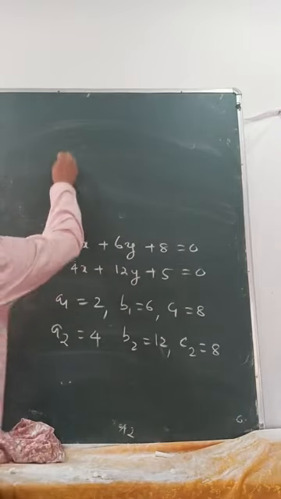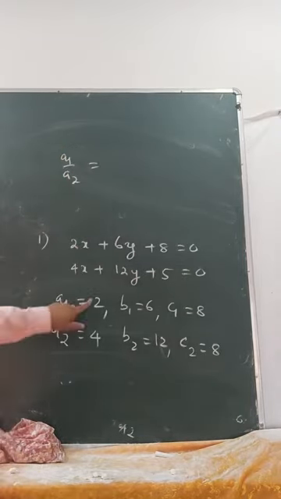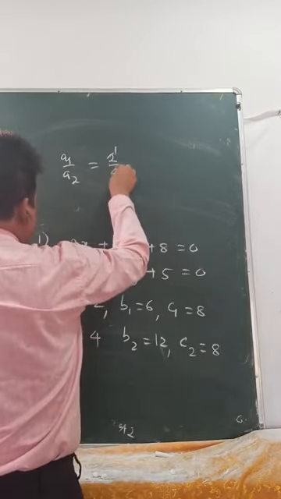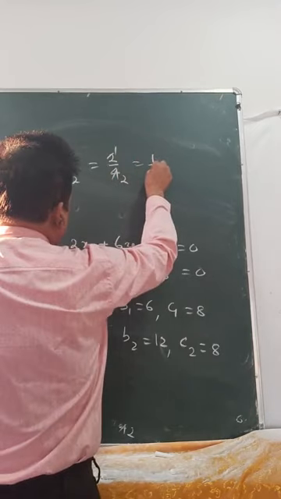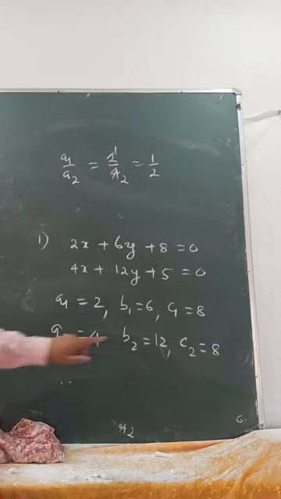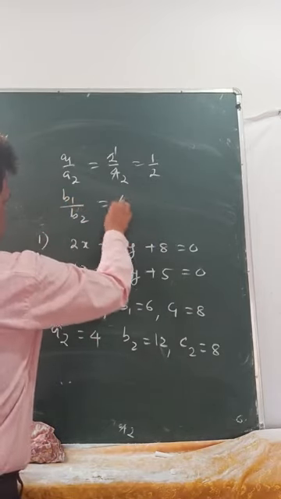So we can check here what is A1 by A2. A1 by A2 is 2 by 4, which means 1 upon 2. B1 by B2 is 6 upon 12.